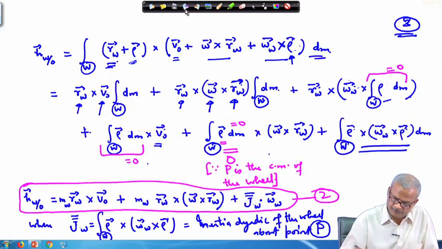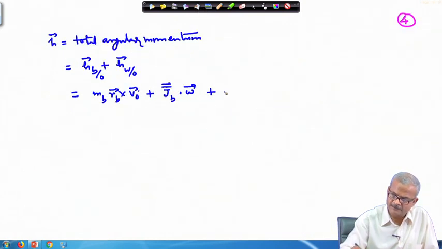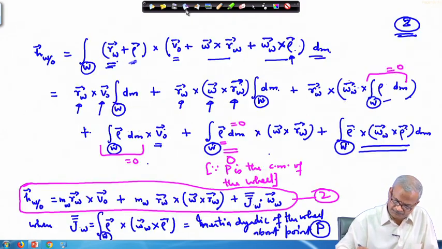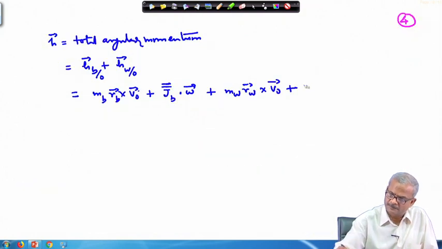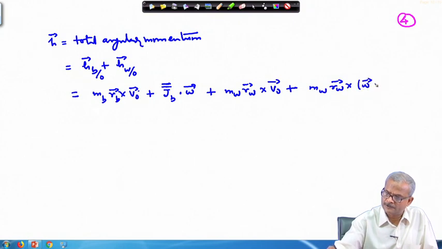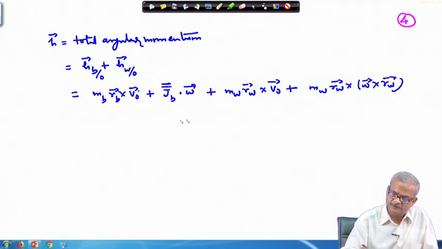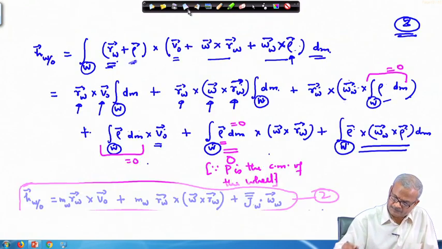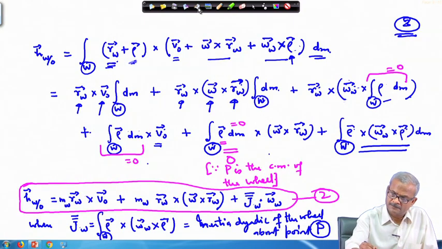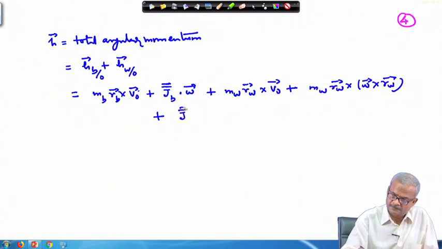So, we have to copy all these things: m_W r_W cross V_0 plus m_W r_W cross omega cross r_W, and plus the third term here, J double bar_W times omega_W.